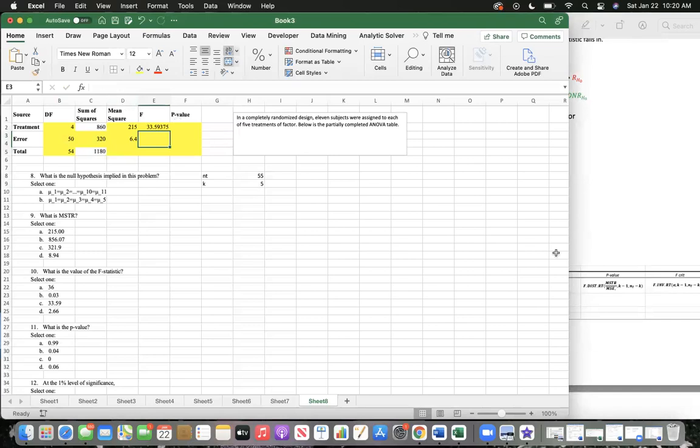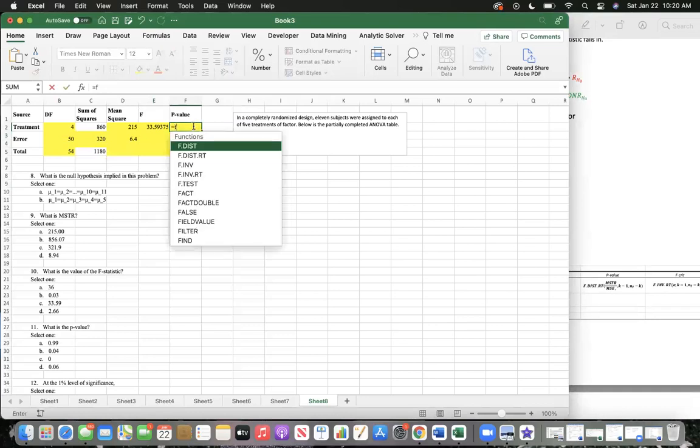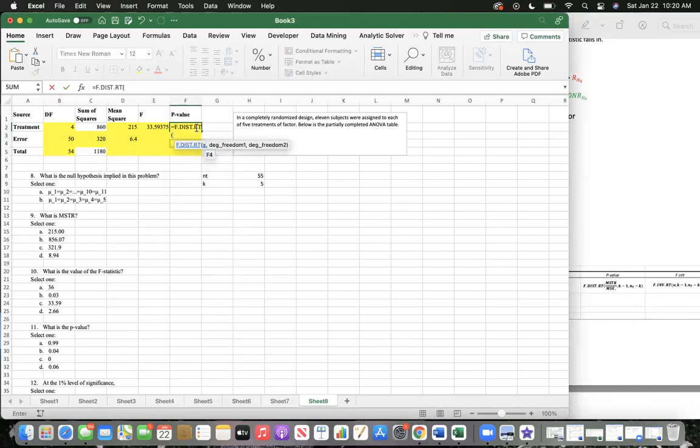We need to get our p-value as well. So what's our p-value? You can see that right here. It's that F.DIST.RT. Whenever we are filling out the Anova table for our p-value, it's always going to be F.DIST.RT. Always. Okay. So our x is the F test statistic.